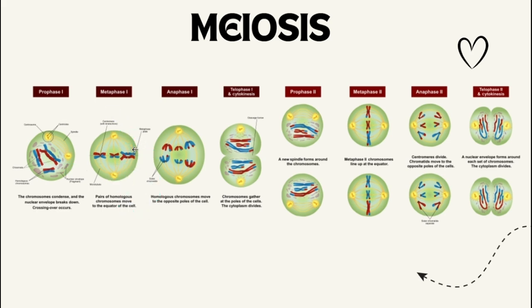In metaphase 1, you can see them line up at the equator, and if we jump ahead and look at metaphase 2, they're also lined up at the equator, but the difference is that they're lined up in different directions. You see it? They're more horizontal over here, and more vertical there. They line up differently.